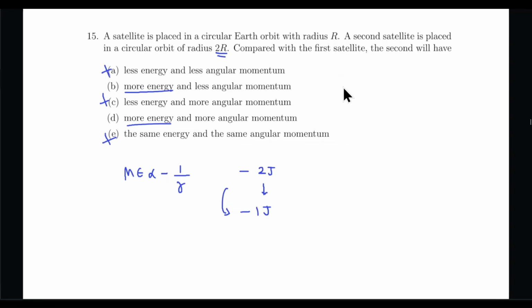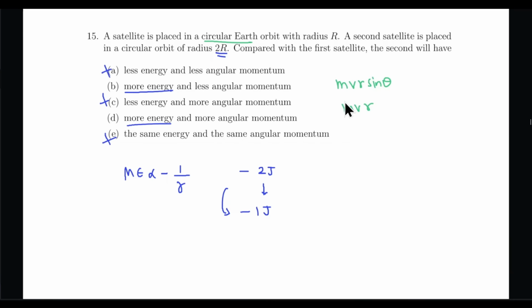And angular momentum is given by mvr sine theta, right? Theta is 90 because these are circular orbits, so mvr. Now, remember that compared to the first satellite, their mass is the same, although it's not given in the question, but the second satellite is identical.